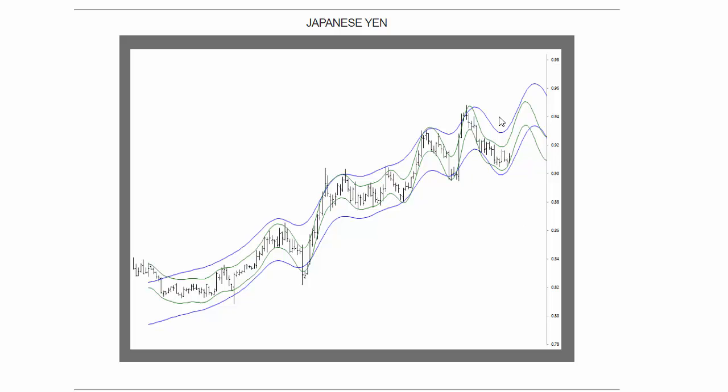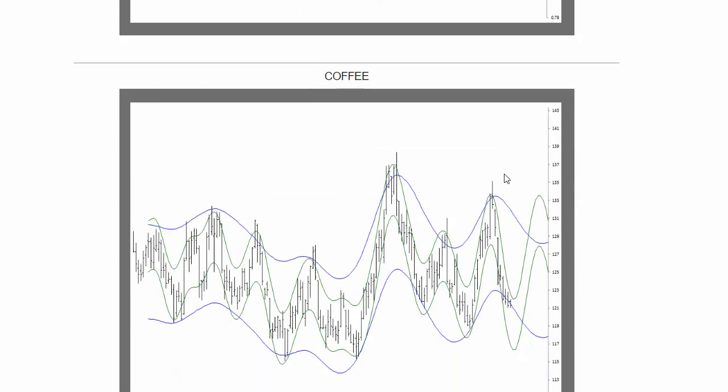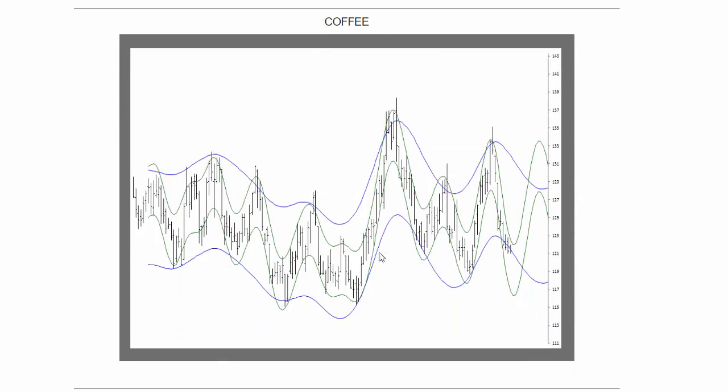And this is how this helps me to time which direction the market is most likely going to go in. And again, that's what's so useful of using these cycle envelope charts as one of the tools in the toolbox for timing trades. Now here's a real good one in coffee, for example.